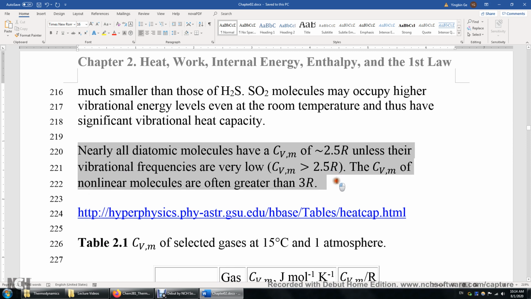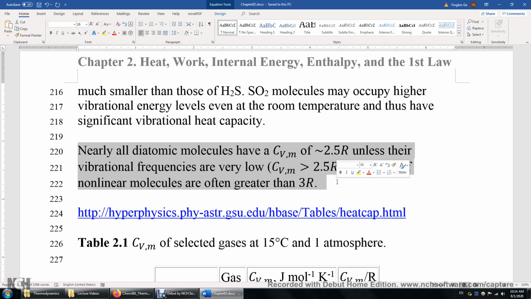This statement is fairly useful. I want to say all monatomic gases have a CVM of 1.5 R. Why? There's no rotation, no vibration. So if you see a monatomic gas like helium, argon, neon, I can tell you the CVM is just 1.5 R exactly, or roughly 12.5 joule per mole K. For diatomic molecules, typically it's 2.5 R. Why? 1.5 R from translation, 1 R from rotation.